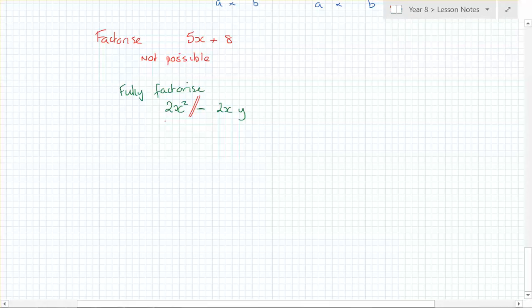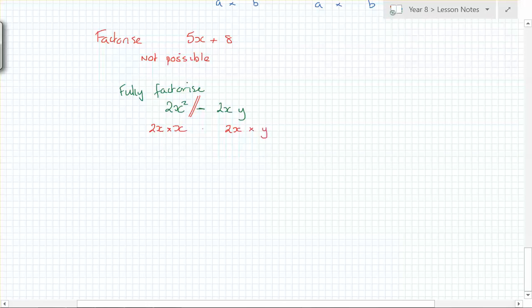I can see straight away that there is a 2 in both bits, and there is an x in both bits. So 2x squared is 2x times x, happy with that? And on this side, we've got 2x times y.